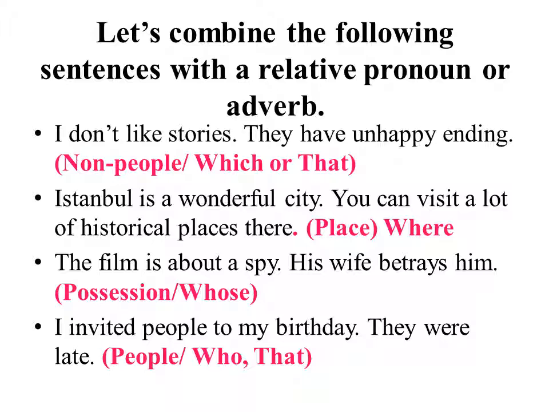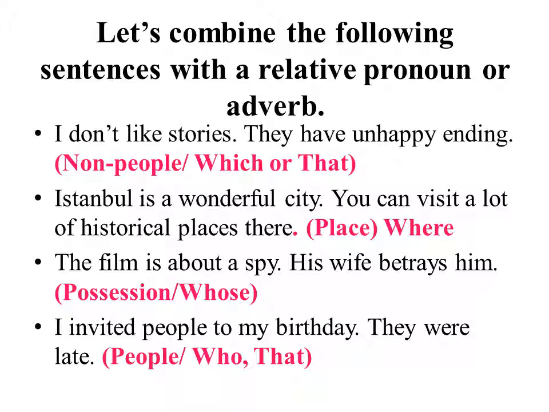Next example. The film is about a spy. His wife betrays him. So here I am going to omit his and replace it with whose to show possession or relationship between the spy and his wife. So here we have a relationship. The film is about a spy whose wife betrays him.